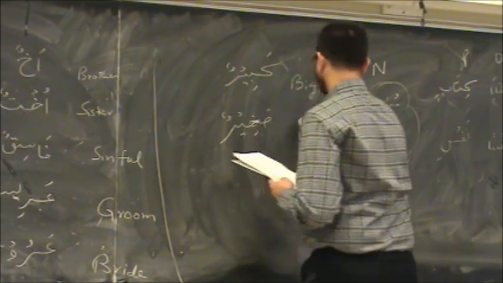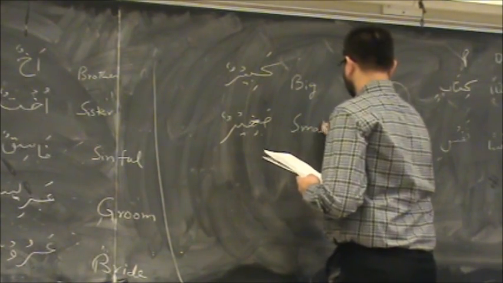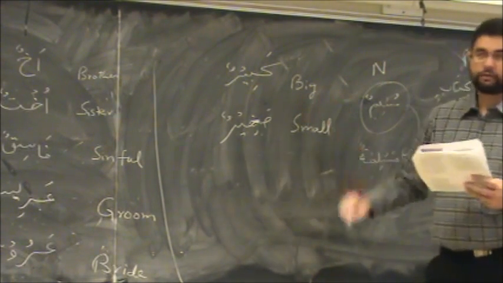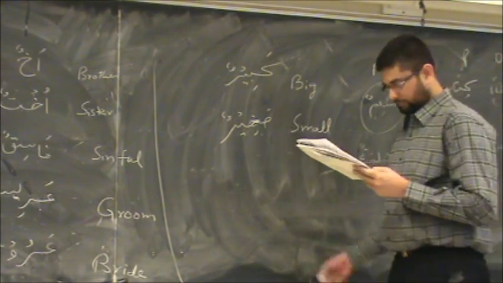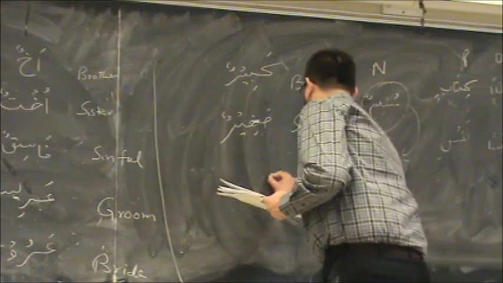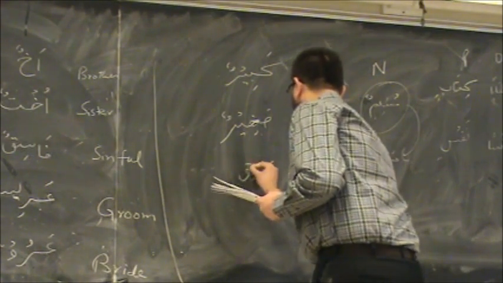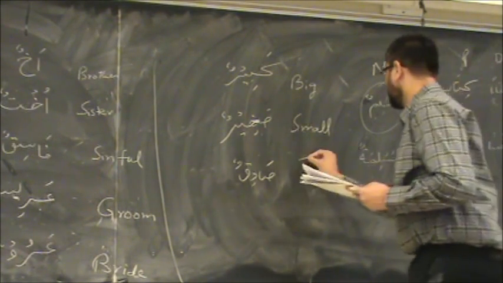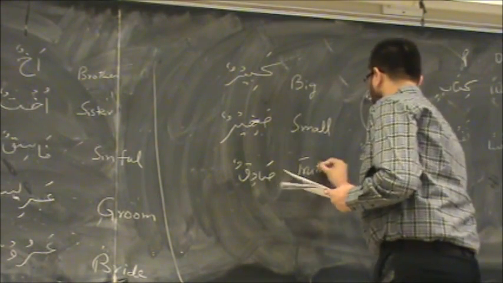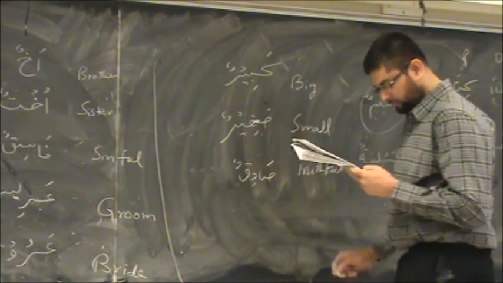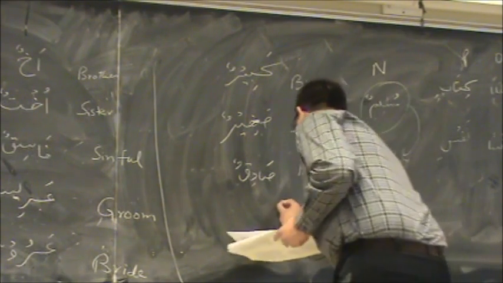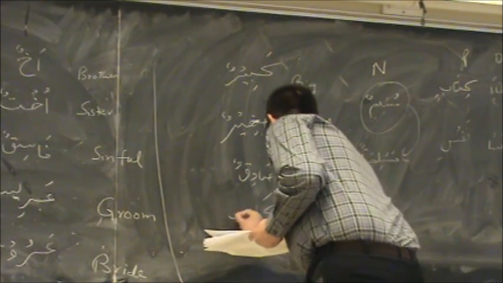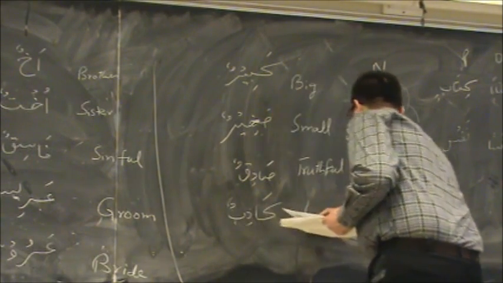Small. Should be able to make the feminine. Sadiqun we already did. Sadiqun, truthful. These are all male. You should be able to make females. Kadhib we did. You can do again. Means liar.